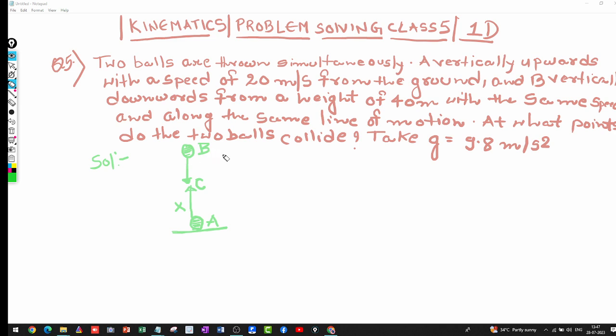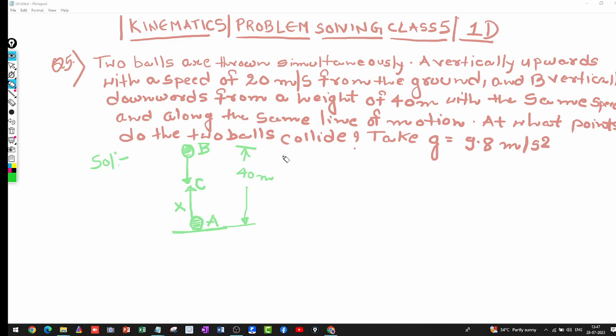So now this height is given as 40 meter, right? From where the ball is thrown vertically upward and from where the ball is coming vertically downward along the same line of motion, the distance covered is 40 meter.